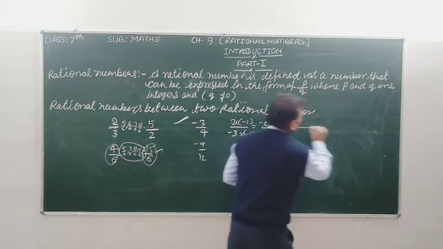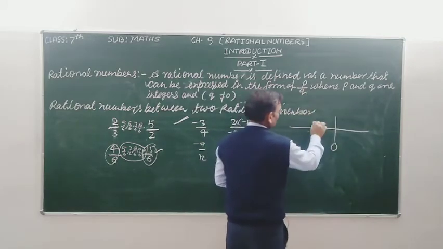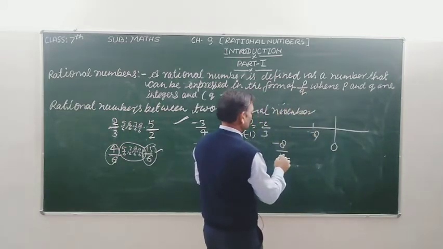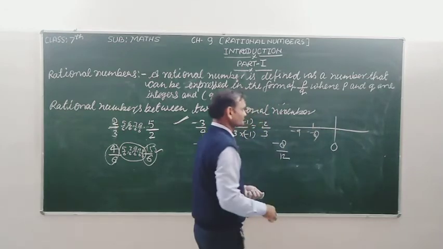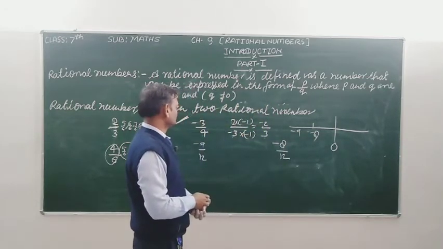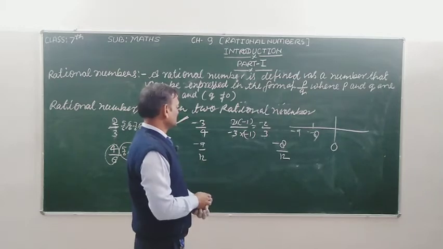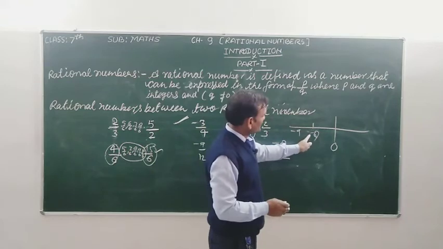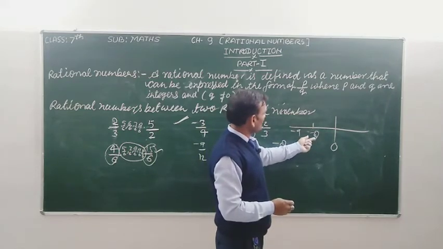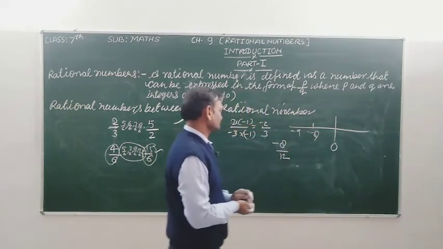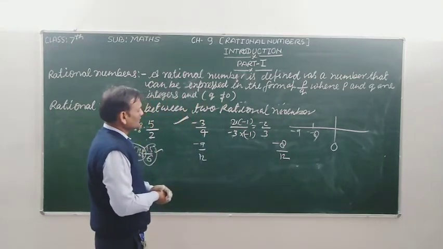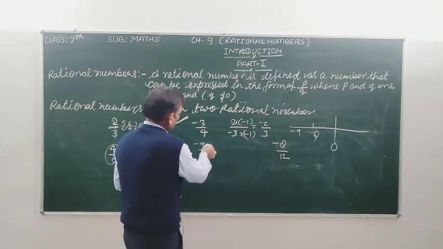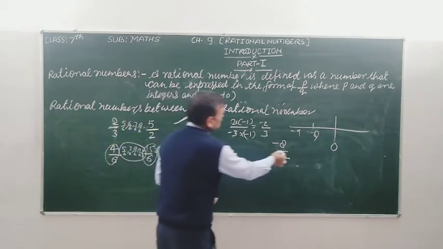Look here, this is 0, this is minus 8 and this is minus 9. How many rational numbers are between these two rational numbers?